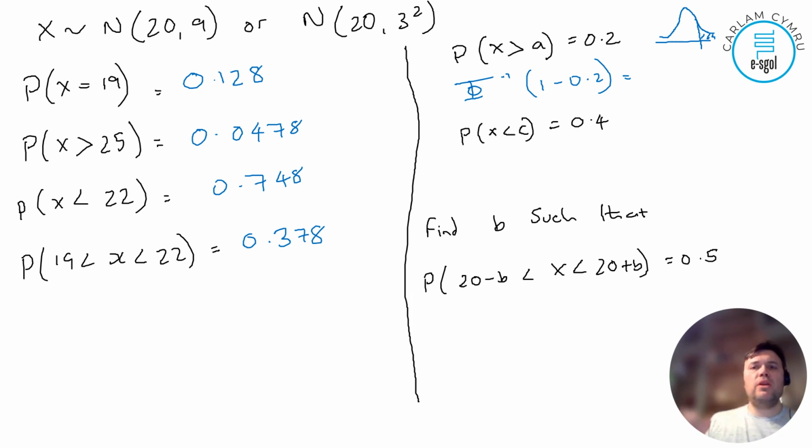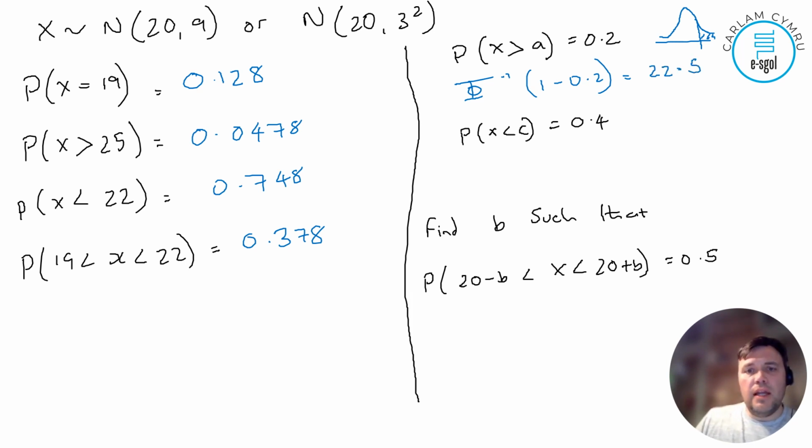This is basically when you've been given the area of something. Again, the mean and standard deviation are the same, but you've been given the area and you want to know what the value is. Because it is greater than, it's taken the left-hand side. Because the calculator can only take one element, it takes the opposite of that. So you do 1 minus 0.2, which is 0.8, and that will give you a value of 22.5.